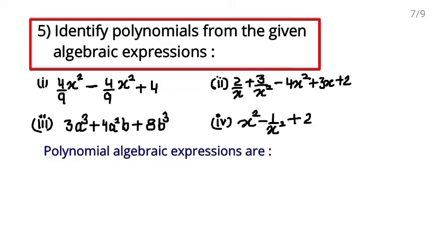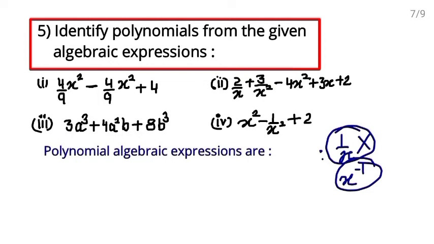But two conditions were there, that variable should not be in denominator, variable denominator में नहीं होना चाहिए, and second was variable should not have negative power.